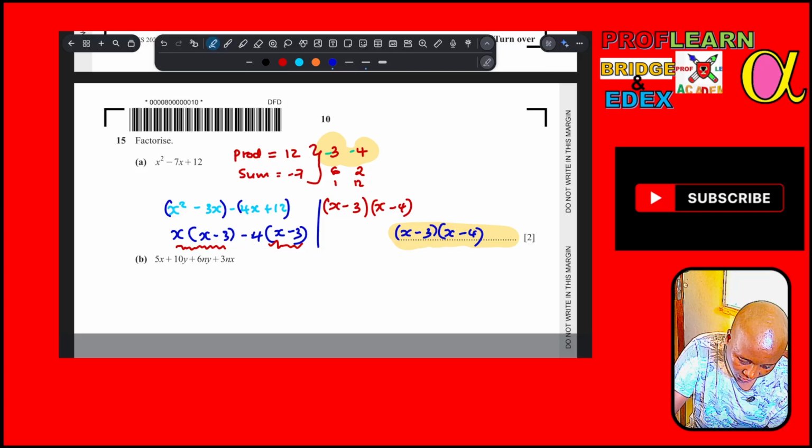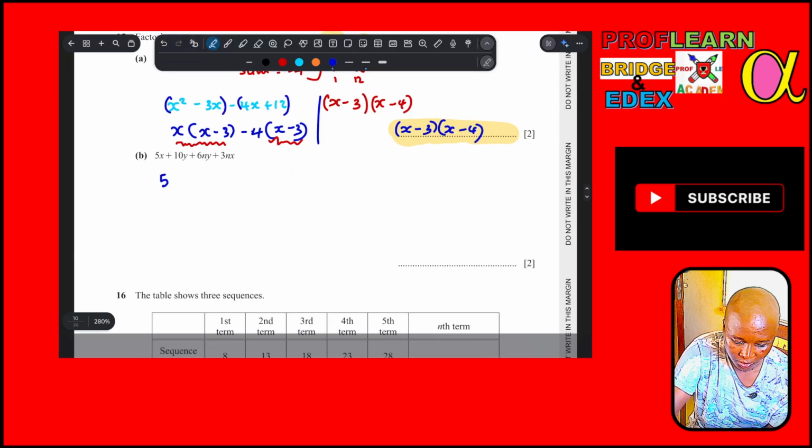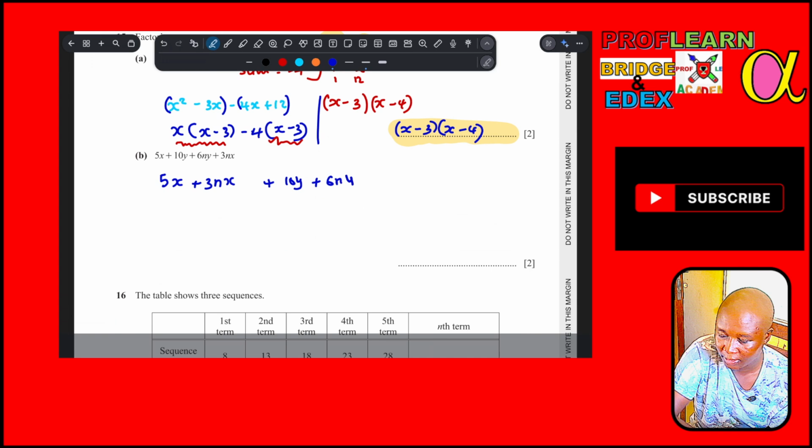And upon factorizing this, we shall put 5x plus 3nx. We shall also have 10y plus 6ny. Okay.